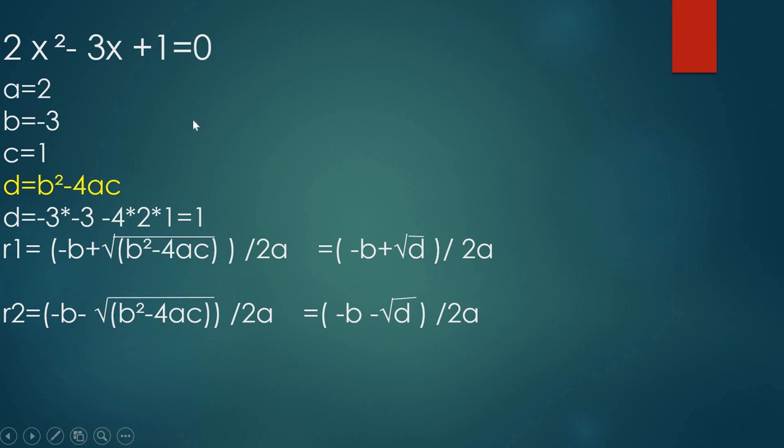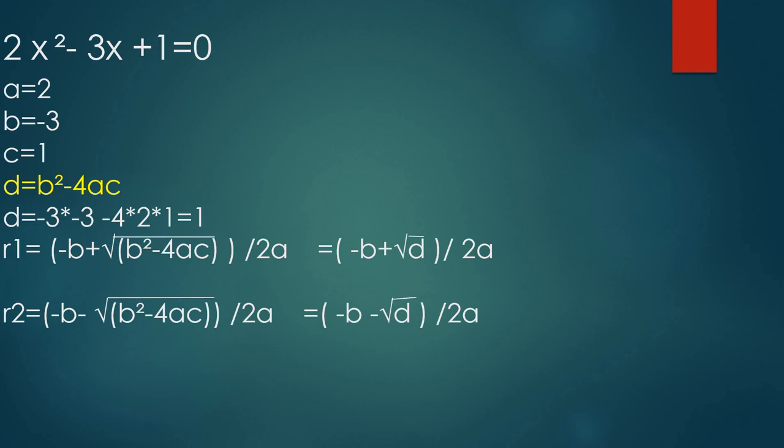Then you have already learned the roots of a quadratic equation. What is the formula for finding the roots of a quadratic equation? Minus b plus or minus root of b square minus 4ac divided by 2a. That is the formula for finding the roots of a quadratic equation.